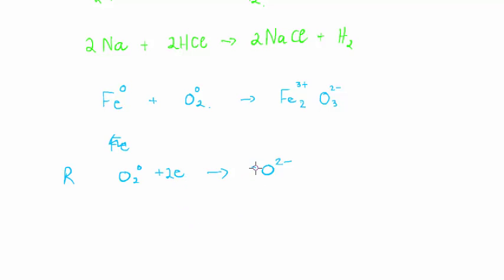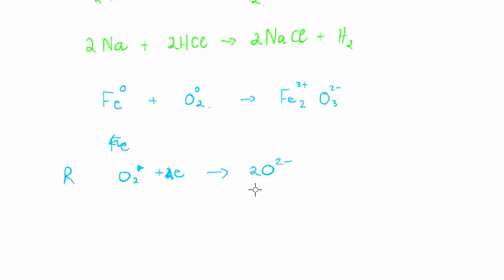And notice there's 2 oxygens on this side. On that side we must also have 2 oxygens. But now notice, if I have 2 oxygens, how many electrons am I going to work with? I'm going to have 4 electrons needed to make 2 oxygens into 2 oxygen anions.